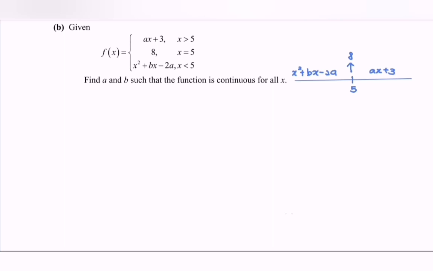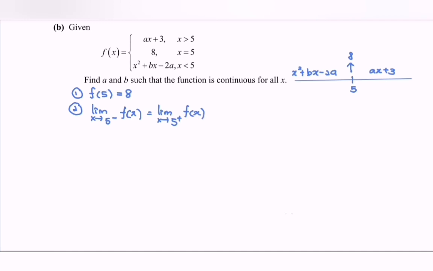In order to find the values a and b, we have to make use of the conditions of continuity. Number 1, we have f(5), and the value is equal to 8. Second condition, limit when x approaches 5 from the left of the function f(x) equals limit when x approaches 5 from the right of the function f(x).